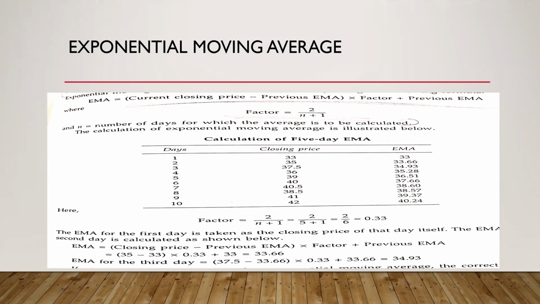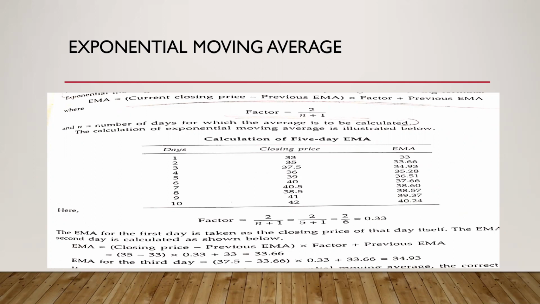So we are going to calculate two different exponential moving averages under moving average convergence and divergence. A short-term exponential moving average of 12 days and a long-term exponential moving average of 48 days is the popular combination. The difference between the short-term EMA and the long-term EMA will give you the MACD, which is the moving average convergence and divergence.